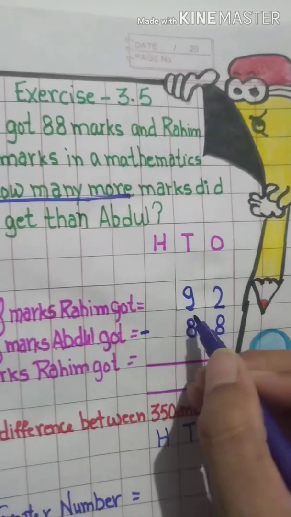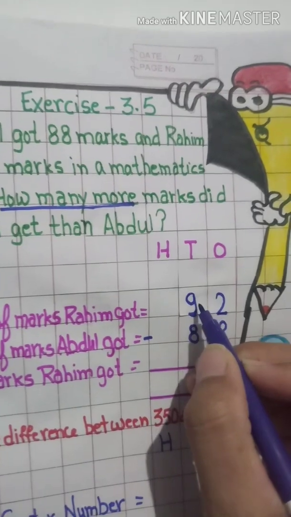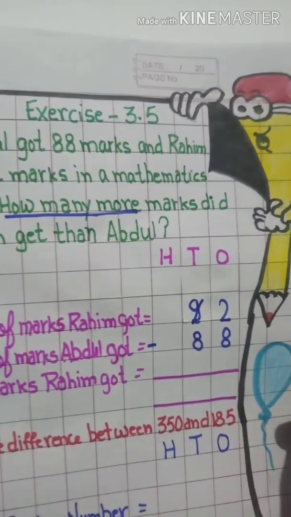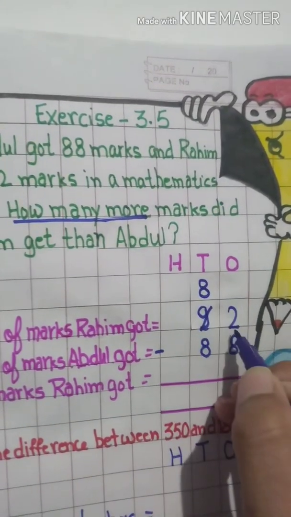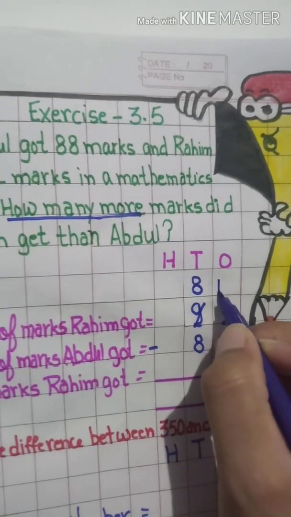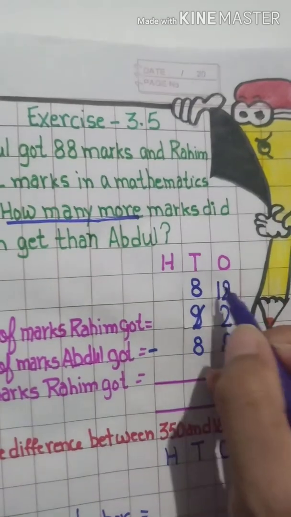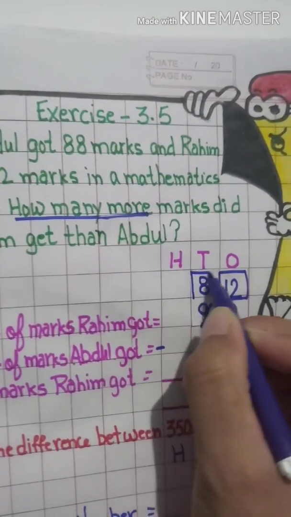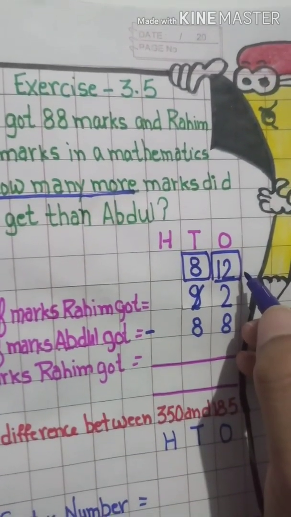Here we will borrow from 9. Now here the digit is 8, and if we add 10 with 2, it will become 12. Now it will be easy for us. Now we can subtract 8 from 12.